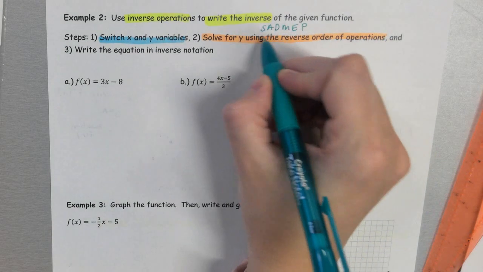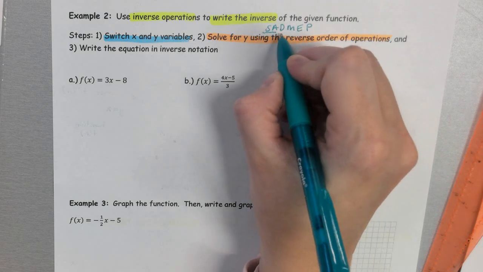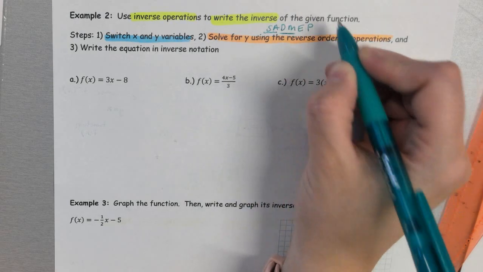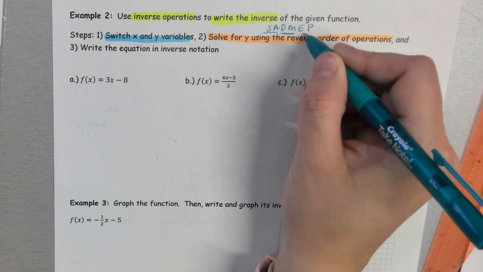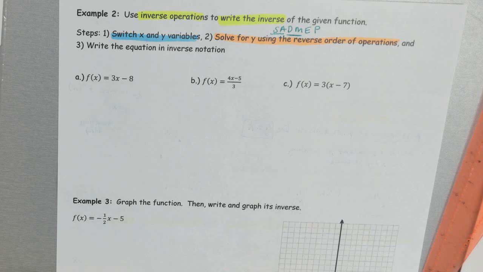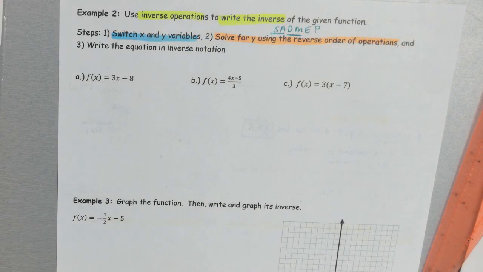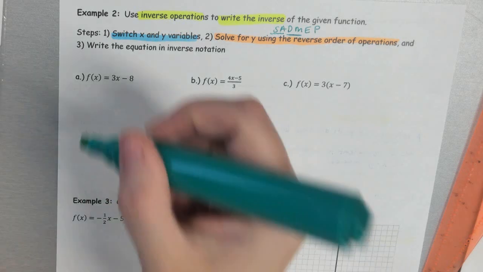SADMAP, right? So first you're going to look for subtraction and addition, then you're going to look for division and multiplication, and then finally you would get rid of exponents and parentheses, but we're not going to have that yet. And then the last thing we're going to do is write the equation in inverse notation.